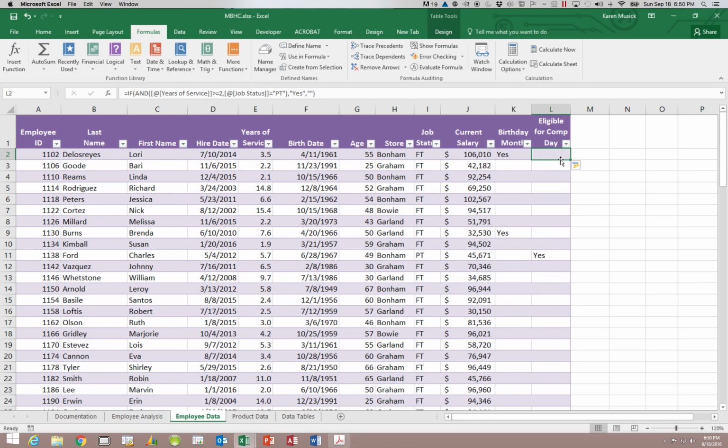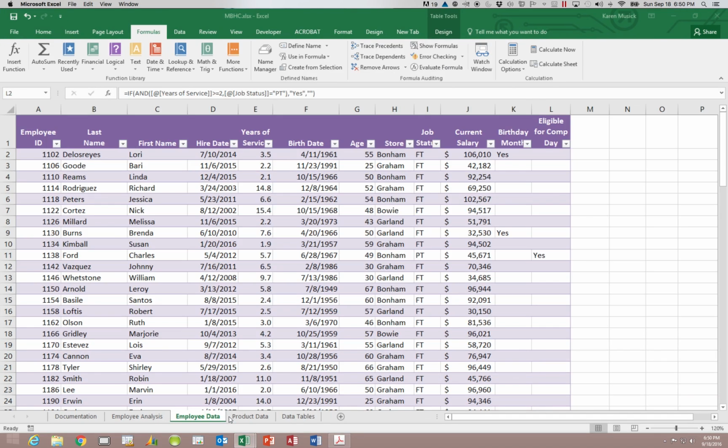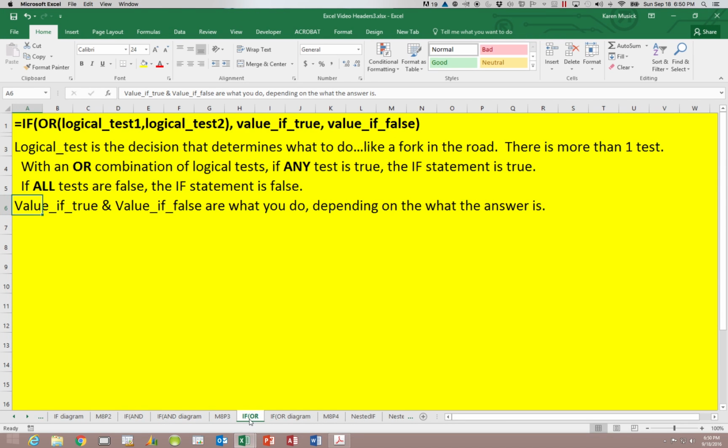Now I want to continue this, and I'm going to do an if or. So an if or is basically the same as an if and. The only difference is the way that the tests get combined.